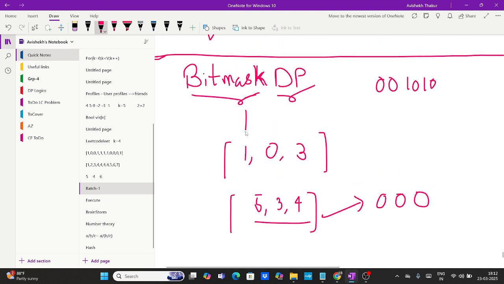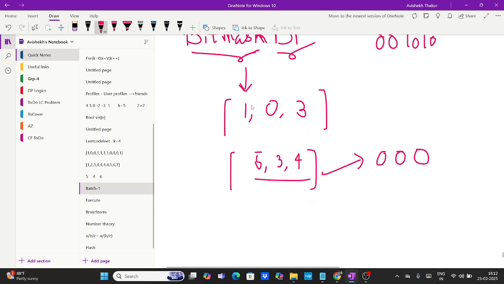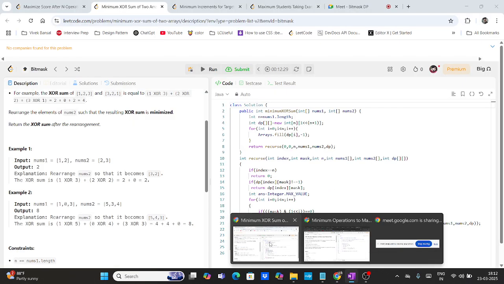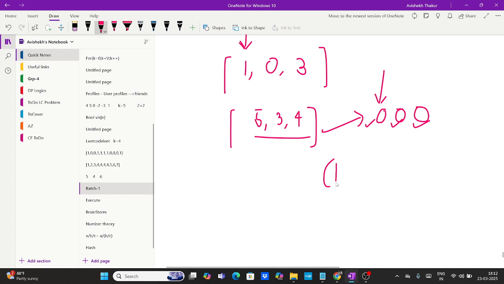So let's start. For 1, with how many numbers can I pair it up? I can pair it with this, with this, with this. Let's say I pair it with the zeroth index. So it should be nothing but, what was the question? XOR, right? 1 XOR 5, because it is 5. Now this 0 will convert to 1.